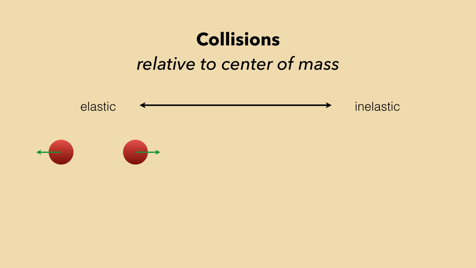Again, momentum is conserved, as is kinetic energy, so the kinetic energy at the end is exactly the same as at the beginning. In an inelastic collision, the two objects stick together, so the kinetic energy actually seems to vanish.